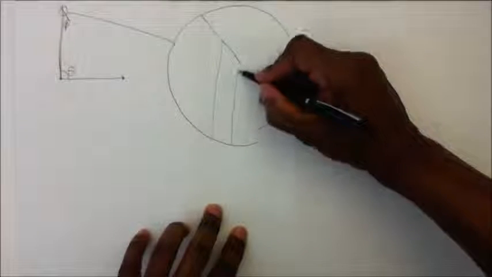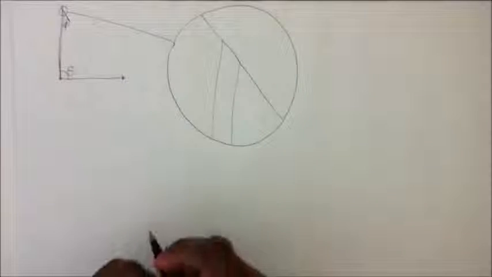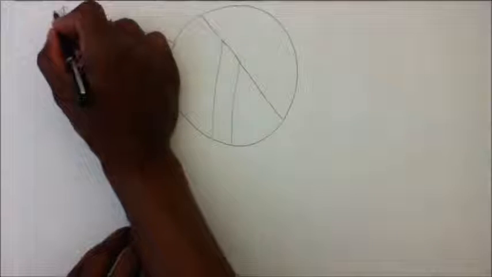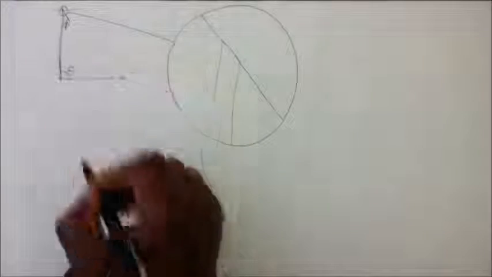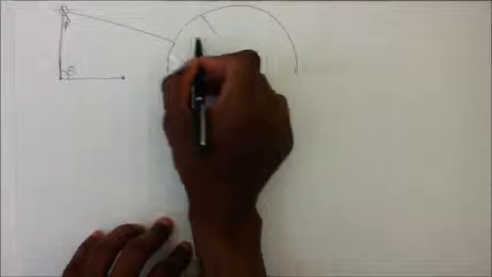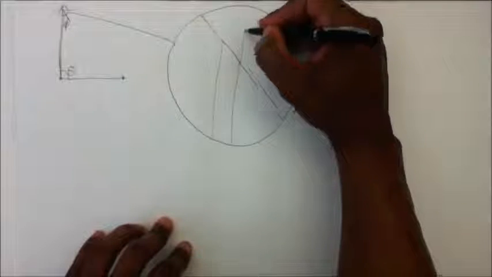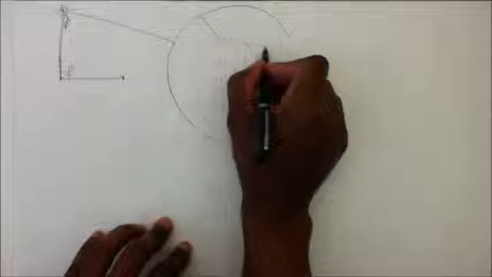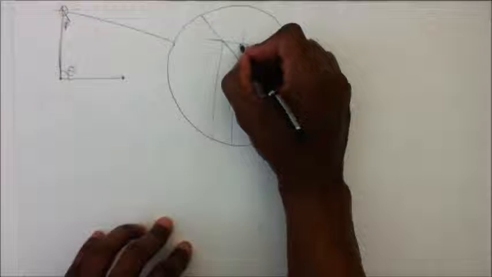So if we take a line that's perpendicular to the line pointing towards the reference point, it's obviously going to form a right angle, so it would be like drawing a right triangle right here.